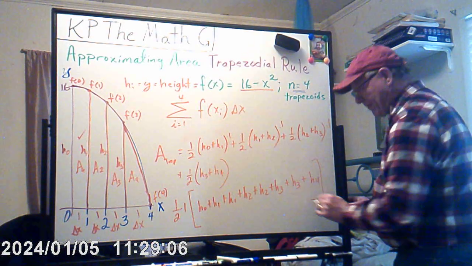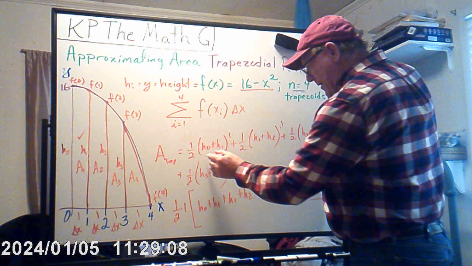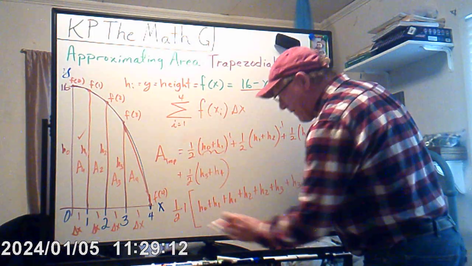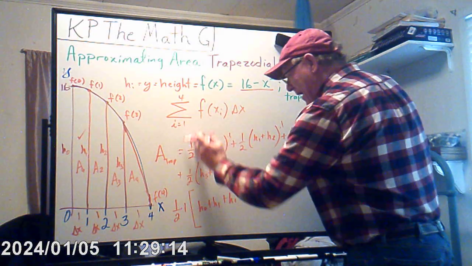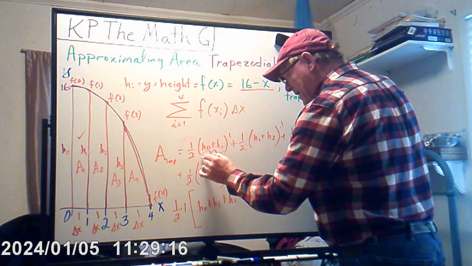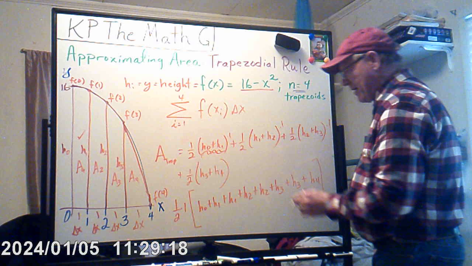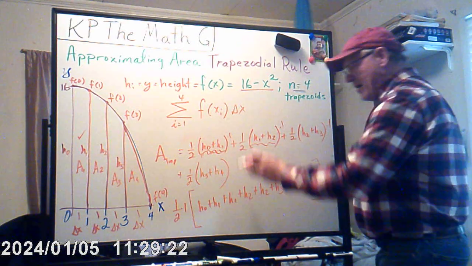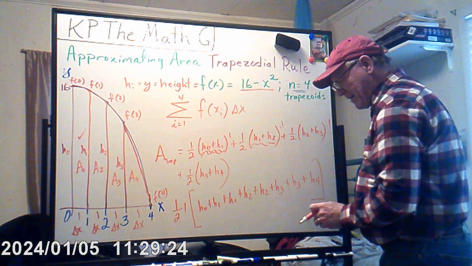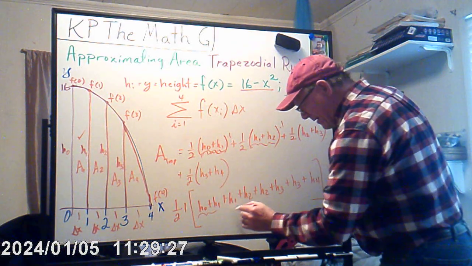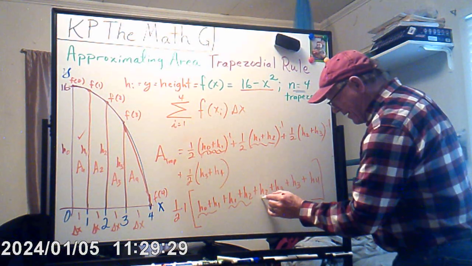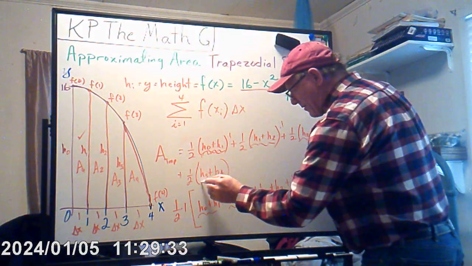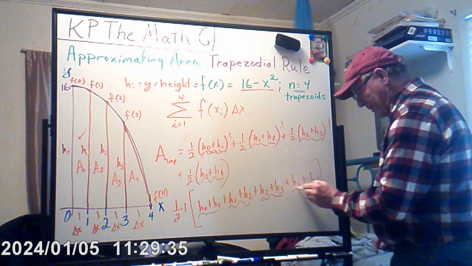You see where I got all this from. h0 plus h1 right here. Taking out the 1/2, that just leaves me with this right here. If I take out the 1/2 here, it leaves me with h1 plus h2. Remember, we're summing all this up. There's this one, and then this one, and then h2 plus h3, we took out this one, and then h3 plus h4 is this one.